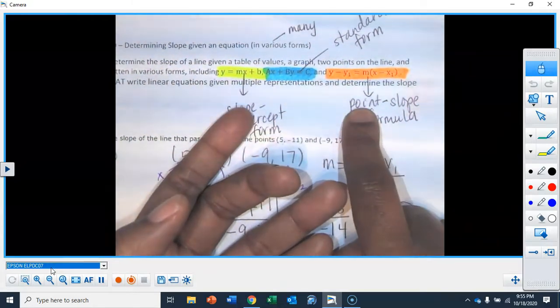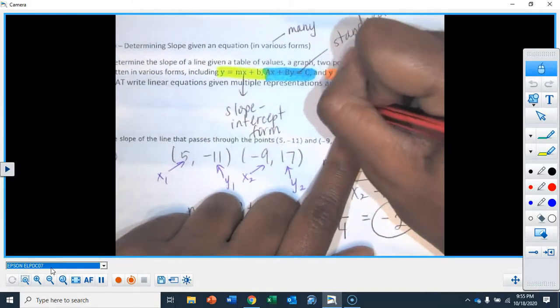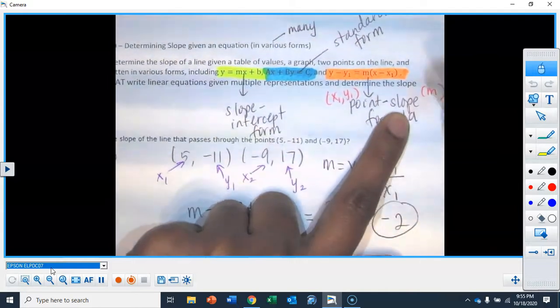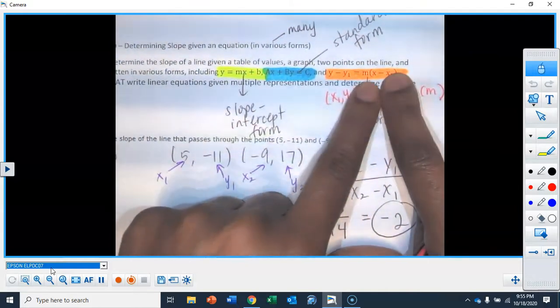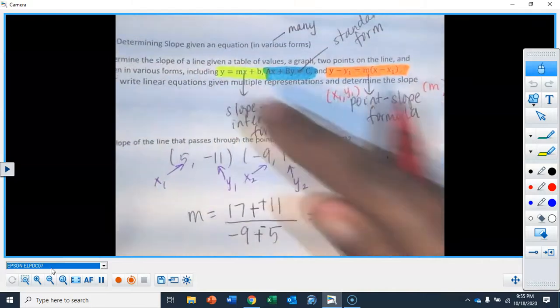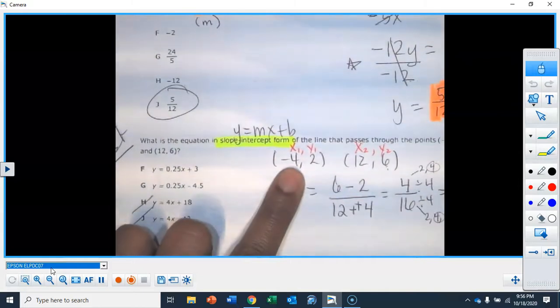If you have a point and a slope, you can take one of your points, the point can be x1 comma y1, and your slope is your m. You plug your m in and you plug in your point, you clean it up, and you can change it to this. So here we go. I'm going to do that for you. So now I'm going to say, hey, let's use this one, negative 4 comma 2.